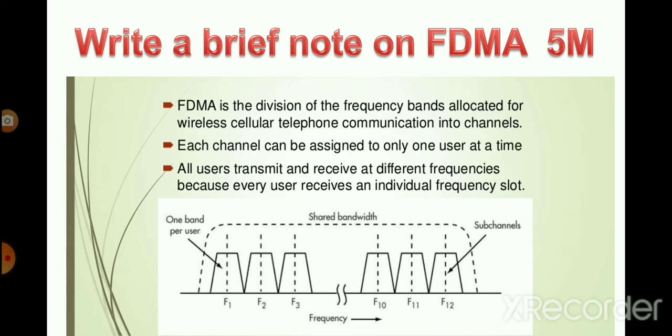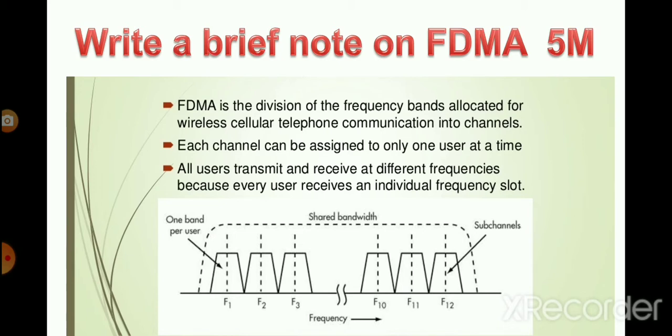Write a brief note on FDMA, 5 marks. FDMA is the division of frequency bands allocated for wireless cellular telephone communication into channels. Each channel can be assigned to only one user at a time.